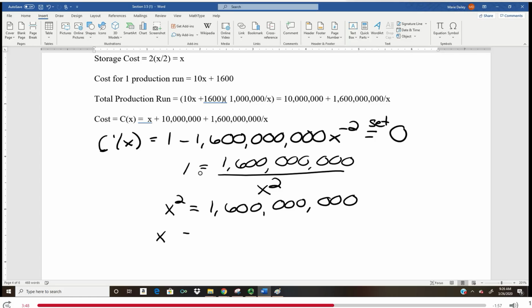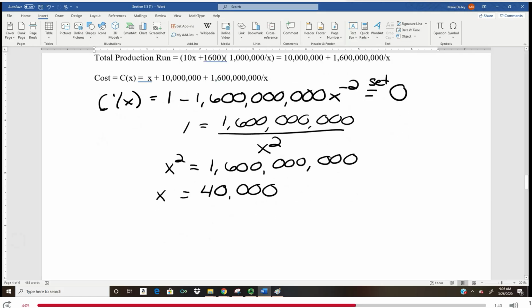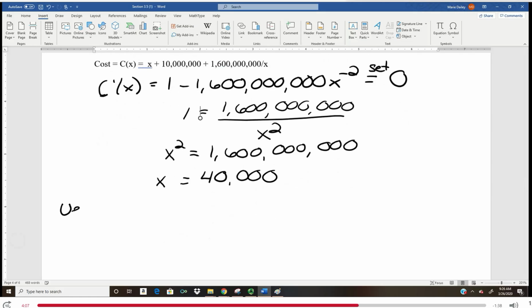Taking the square root of both sides, I recognize it would technically be plus or minus 40,000. But remember, we can't produce a negative 40,000 circuit boards, so it's just going to be the positive result. And of course, we want to verify that this is in fact going to be a minimum value, because right now all we know is that it is a critical value.